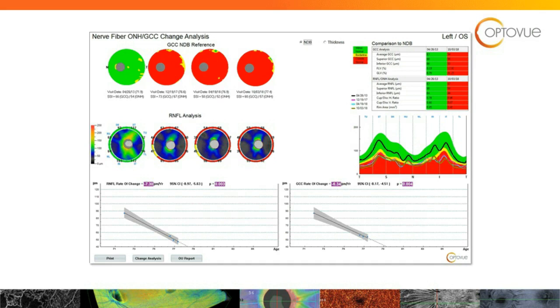So I actually don't have an eye wellness slide on here, but I think what you're asking is about that red arc. If you're talking about the red arc within the ganglion cell complex, that would be a red flag.